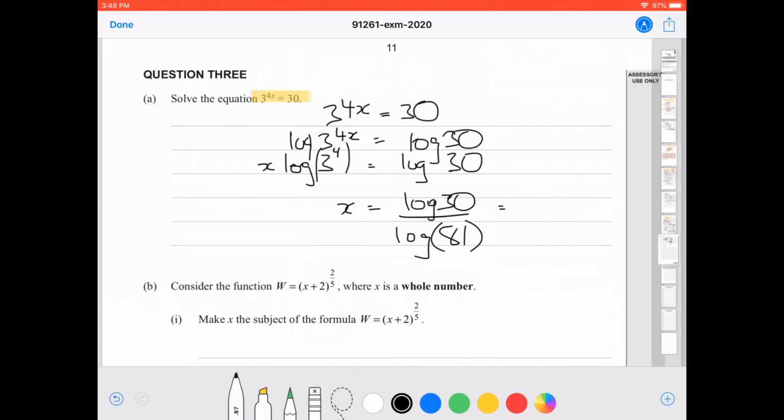And here let's go ahead and calculate this. We've got log 30 over log 81, and this gives us an answer of 0.774. So 0.774, that's basically 3 decimal places, or you could say 4 significant figures.